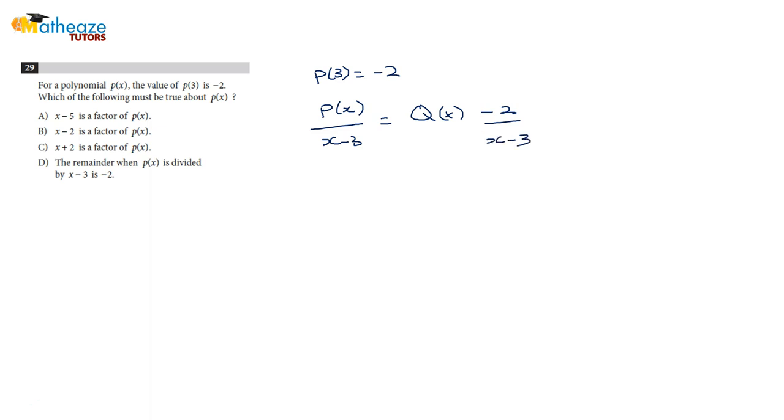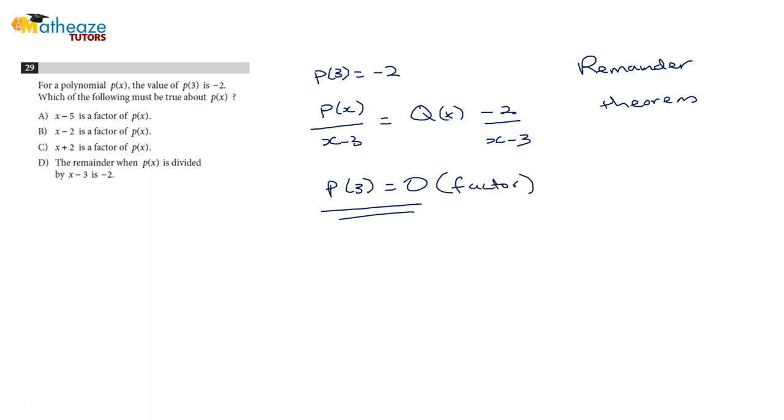That's what this means. This is the remainder theorem. If there was no remainder, p of 3 would give you 0. This is to show that it's a factor. But now that we have a value of -2, this represents the remainder after the division.